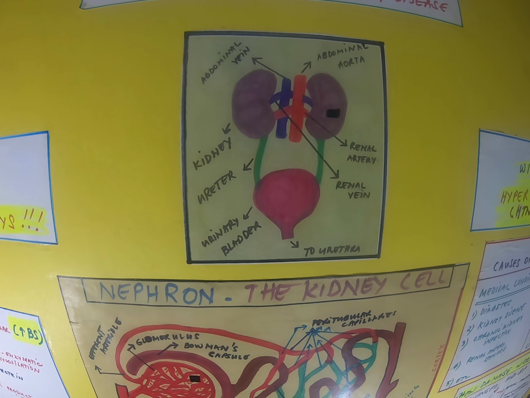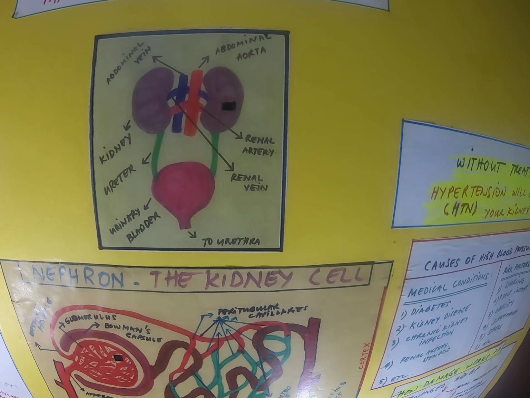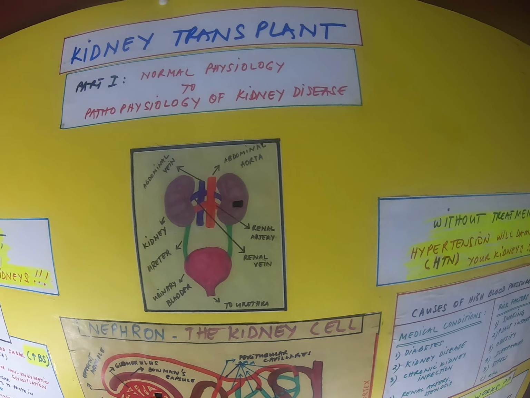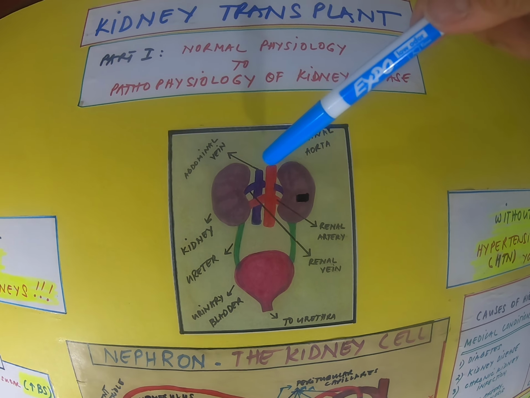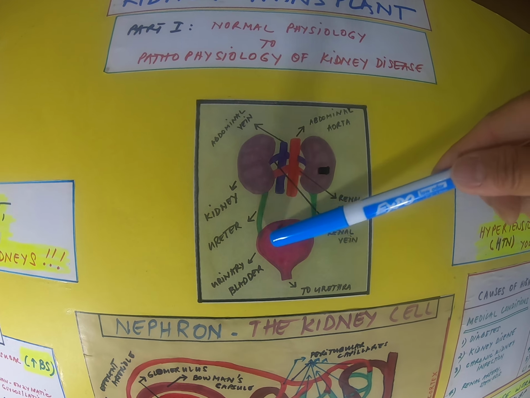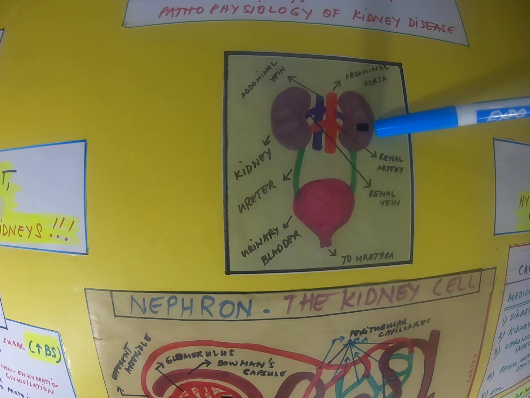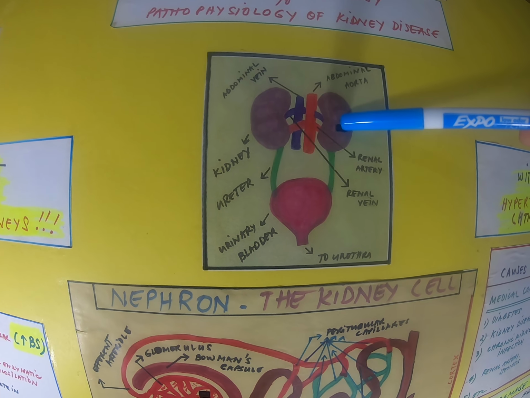So we have a simple urinary system here, with the left and the right kidneys. We have the renal artery, the renal vein, the ureters, and the urinary bladder. I took a piece of tissue from the left kidney, and we all know that the tissue is composed of many cells.